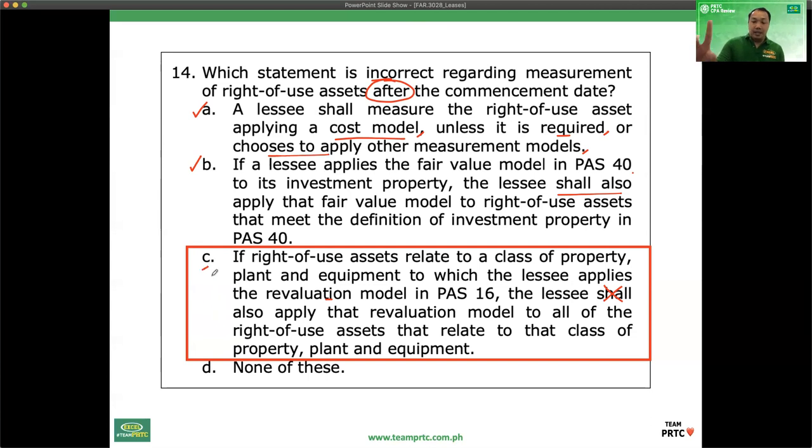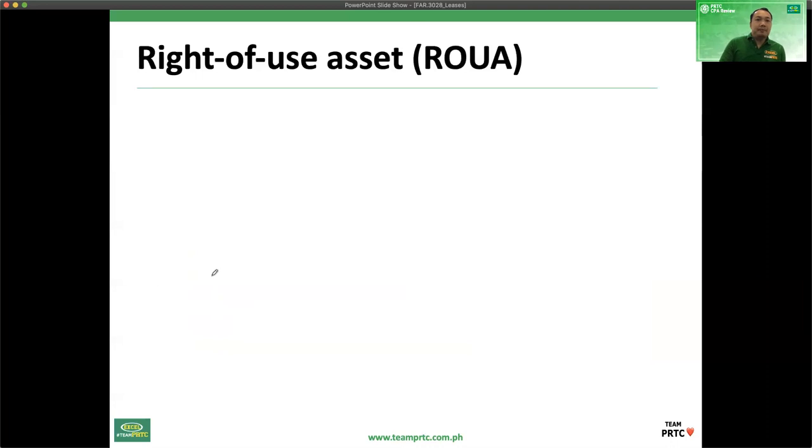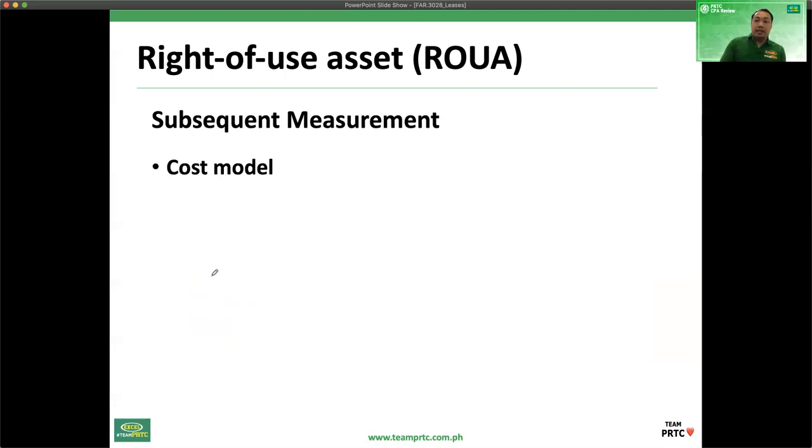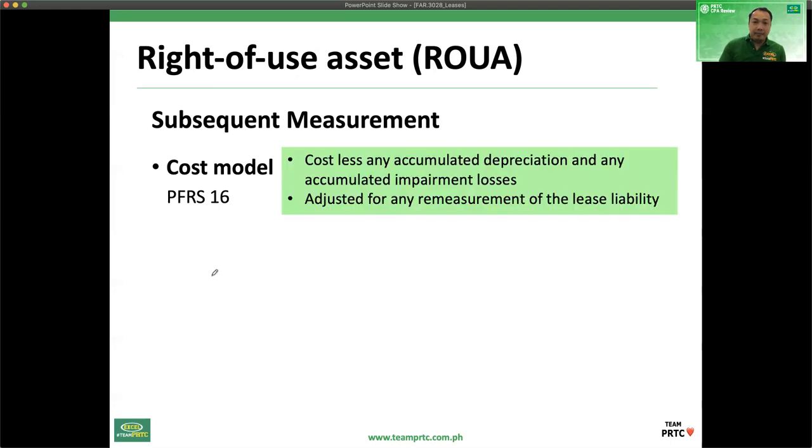Okay? So, this is the summary. Subsequent measurement of right of use asset. Okay, as a rule, cost model. And take note this is the cost model specified in PFRS 16. And under the cost model, okay, the asset is carried at cost less any accumulated depreciation and any accumulated impairment losses. So similar to PPE.